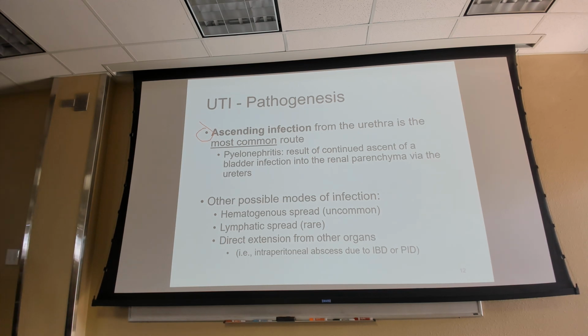And then, what this is saying, right? Most common route, this is cystitis, right? Cystitis. Now, if we have pyelonephritis, the little buggies have continued to crawl up the ureters into the kidney itself, right?